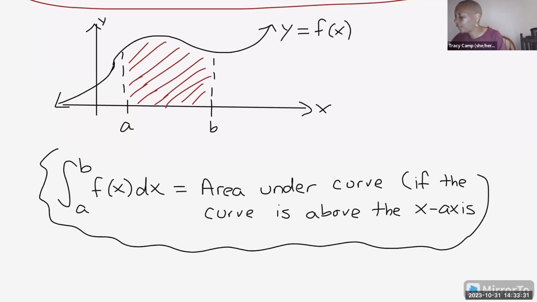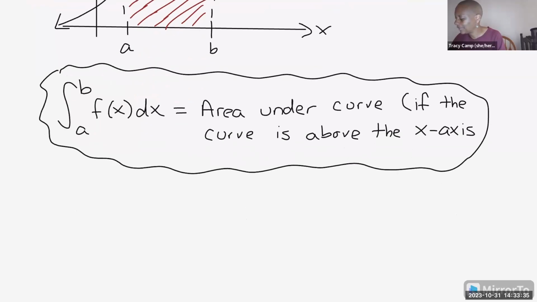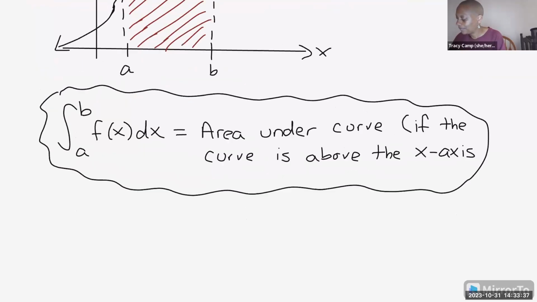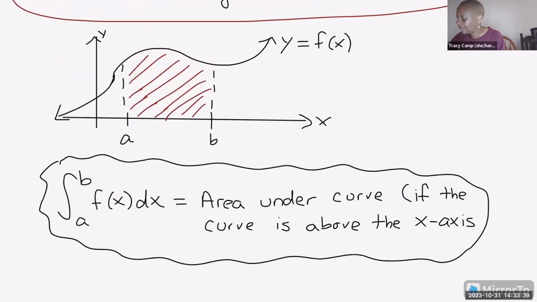If the curve is below the x-axis, then it represents something else. So this description matches this picture right here. We think of that definite integral as representing the area under the curve when the curve is above the x-axis, which is what we have in the picture.